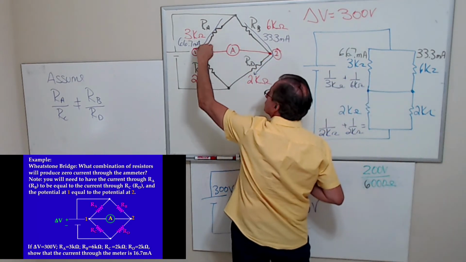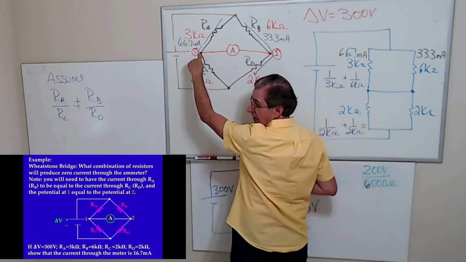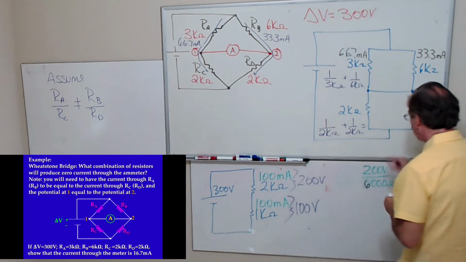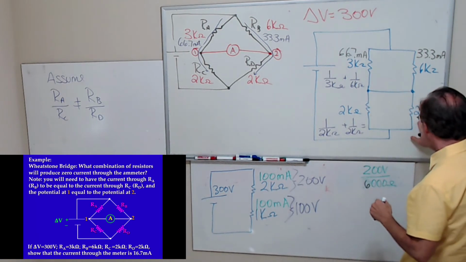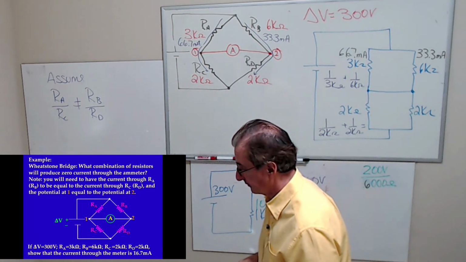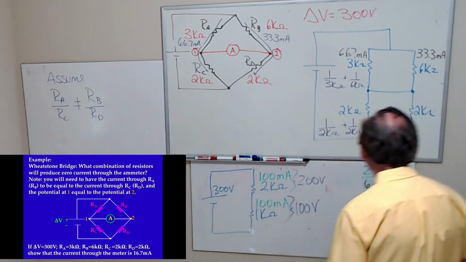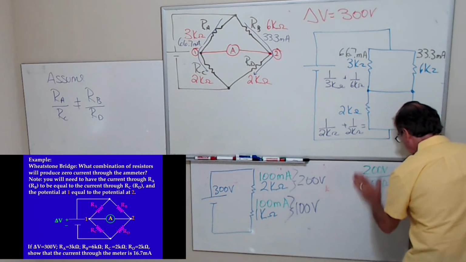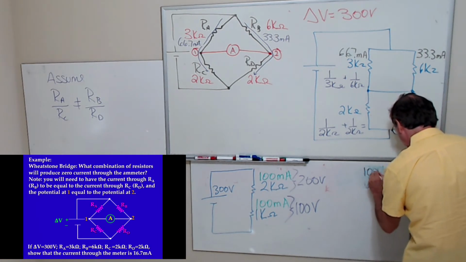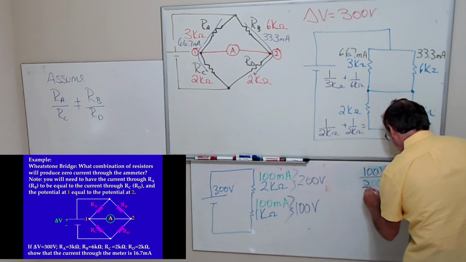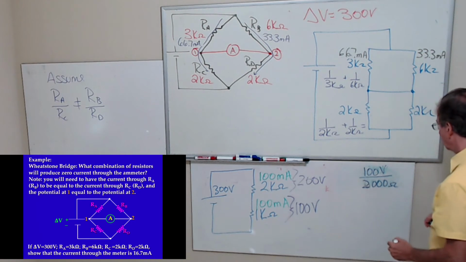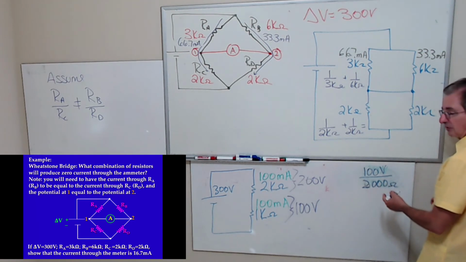So current's going this way, 66 milliamps hits this node. I got to figure out what's coming here and what's coming here. So both of these are 2 kilo ohms. They both have 100 volts across them. Okay? So I'm going to take 100 volts over 2,000 ohms. That's 50 milliamps.